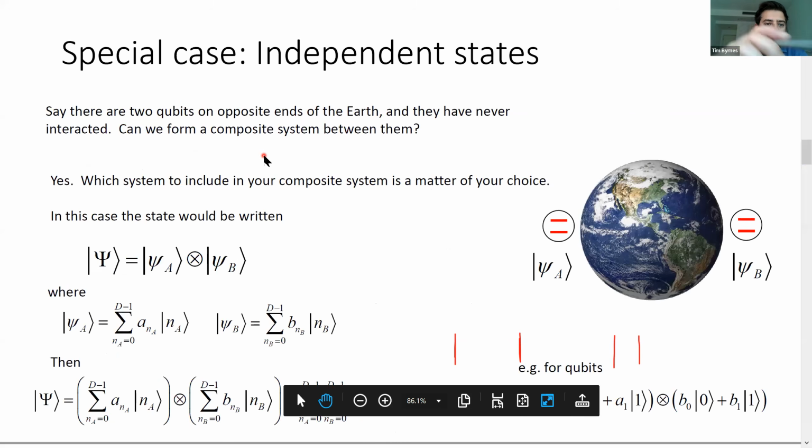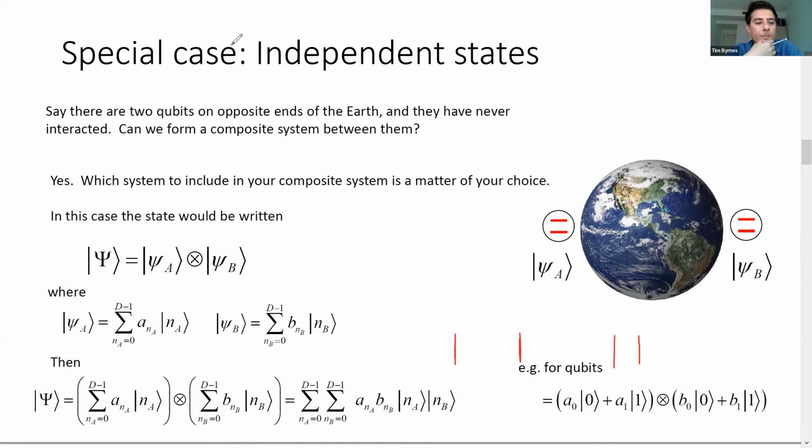Okay, so let's look at another special case. We'll also look at the case for qubits, but let's look at this case of independent states.